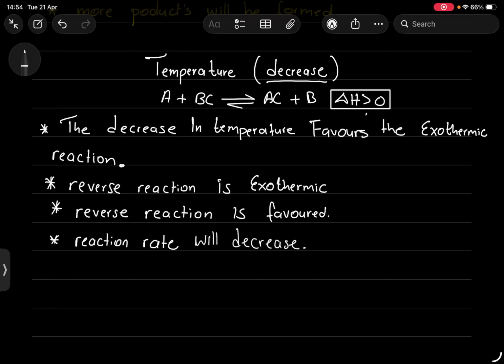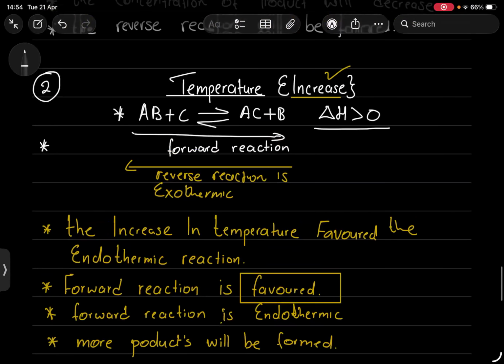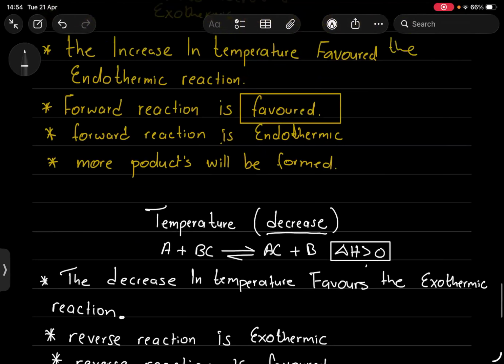That's how you explain it. This is for temperature increase. This is for temperature decrease. This is for temperature increase. And this is for temperature decrease.